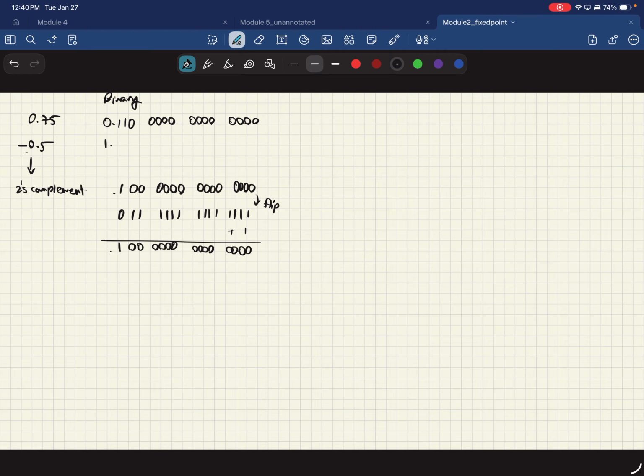So this is going to be very similar to minus 0.5, except that you just put a negative. And before you ask, no, that doesn't always work.